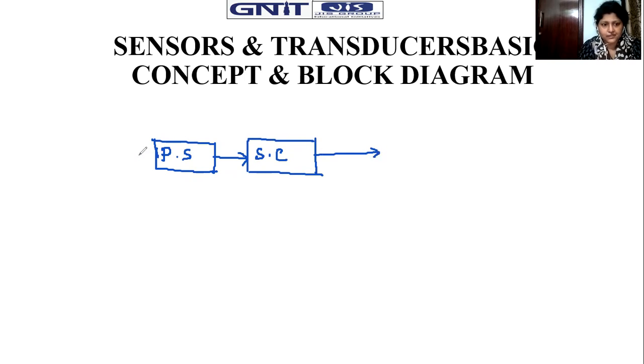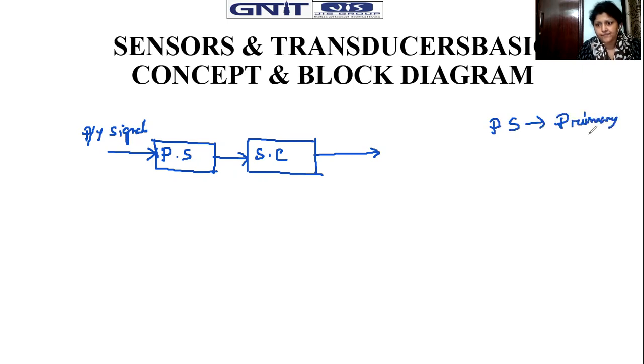So we have the physical input, the physical signal. That physical signal will be sent to the primary sensing element. So PS refers to the primary sensor here, and SC is mainly termed the transducer, that is, the signal converter.